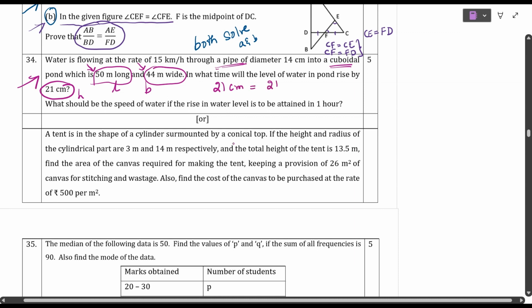That is 21 by 100, that is equal to 0.21 meters. So whenever you solve a sum, try to observe whether all the units are in same units or not. Otherwise, you have to convert them. Understood? So here what they have given? They have given cylinder and they have given cuboid.